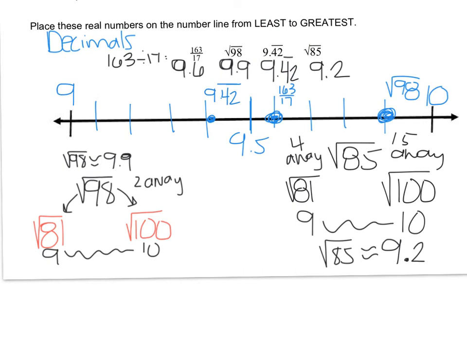And finally, we have the square root of 85, which we know is going to be somewhere around here. If you get it around here, then you have appropriately ordered it from least to greatest. Don't be too picky if it's 9.1 or 9.2 or even 9.3. If it's the lowest number, which I was supposed to do in blue, then you have clearly ordered those from the least to the greatest, and you'll get all of your points.